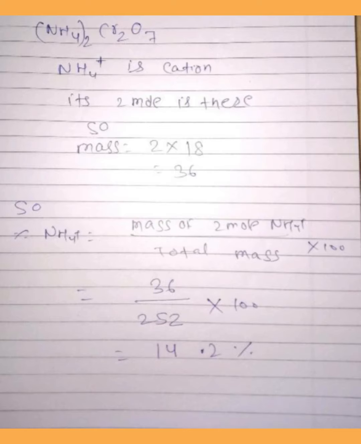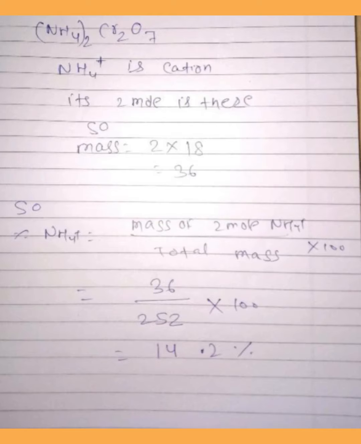Molecular formula of ammonium dichromate is (NH4)2Cr2O7. Molecular weight is 252. NH4 is cation, its 2 mole is there. So mass is equal to 2 into 18 is equal to 36.